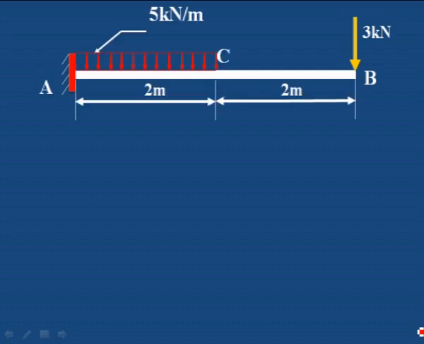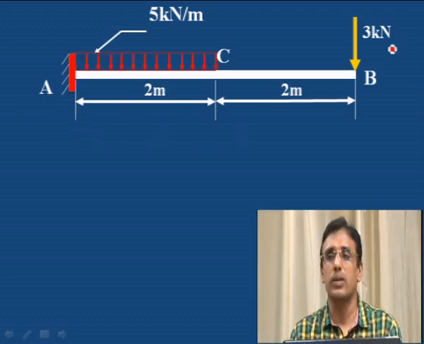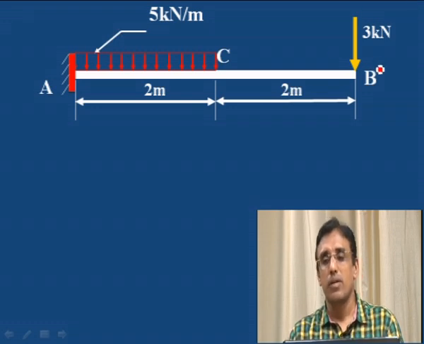Now let us consider one more example where a uniformly distributed load as well as a point load are both acting. This is the problem in which the uniformly distributed load is acting from A to C, that is 2 meter distance from the fixed end. In the previous problem we considered the uniformly distributed load from the free end.